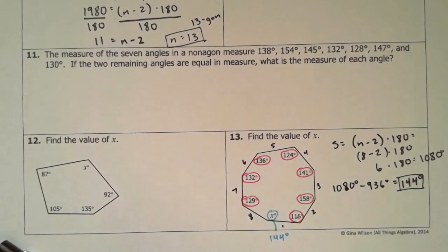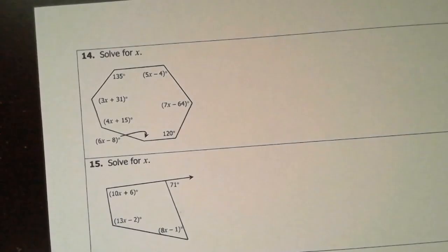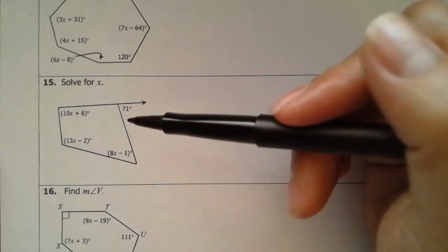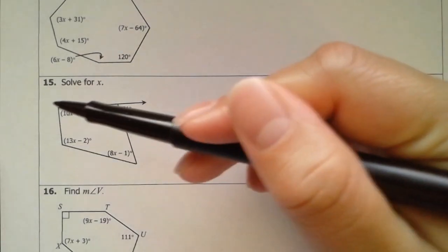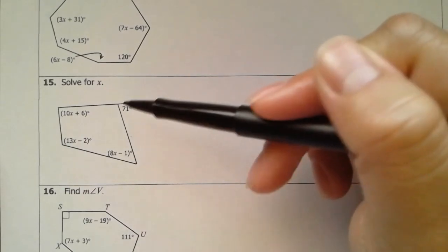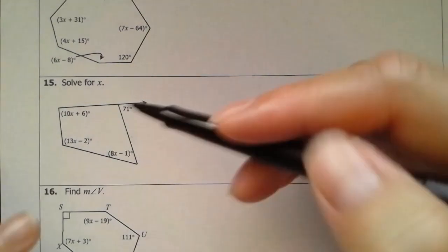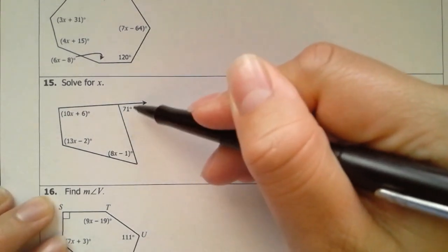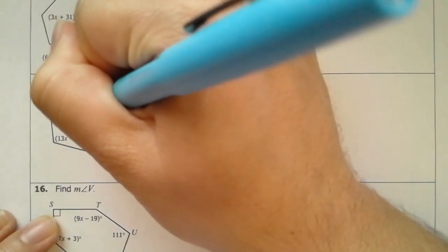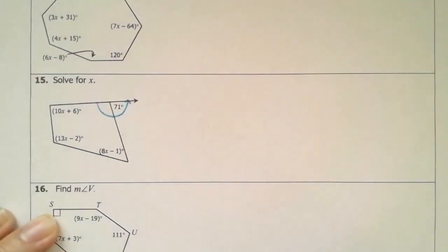Moving to the next page, let's look at number 15. It says solve for x. We have a quadrilateral. It's a 4-sided figure, 1, 2, 3, 4, and then one of the sides is extended past one of its sides here. This exterior angle that's given is going to prove useful for us because we have a straight line there.